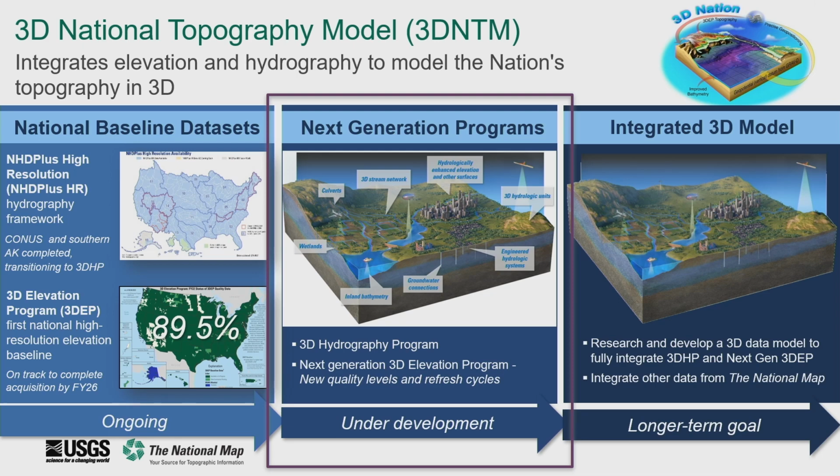So we're going to have both 3D NHD next gen and 3DHP as our new program areas that we're going to be concentrating on to eventually get to this fully integrated 3D data model, which has elevation and hydrography and other features all very well integrated at a 1 meter scale for CONUS anyway, and the islands.